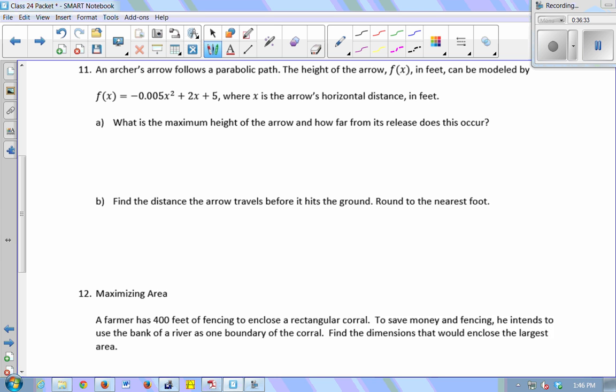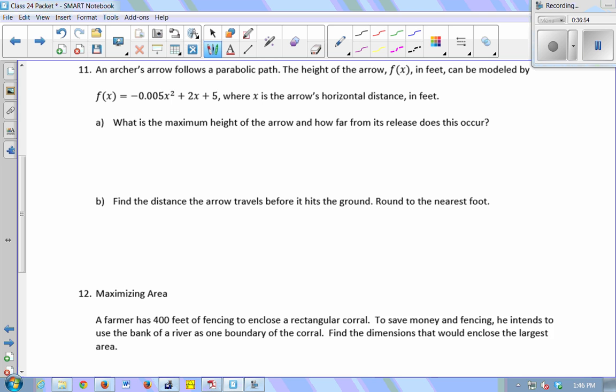And the height of the arrow we'll call f of x, measured in feet, can be modeled by this function, negative 0.005 x squared plus 2x plus 5. And x is the arrow's horizontal distance. So if I tell you how far it's gone horizontally, you can plug that in and see how high off the ground it is.